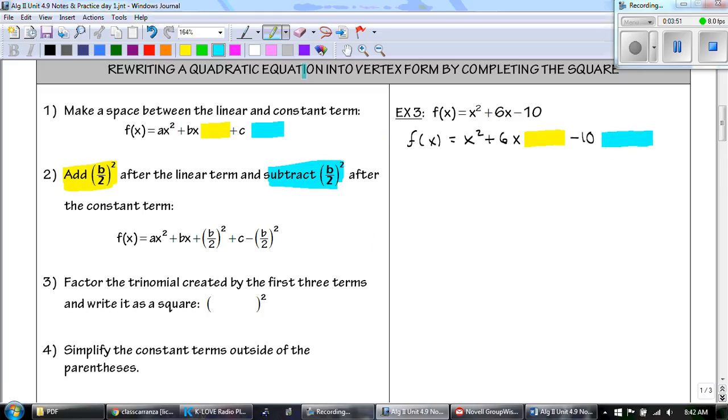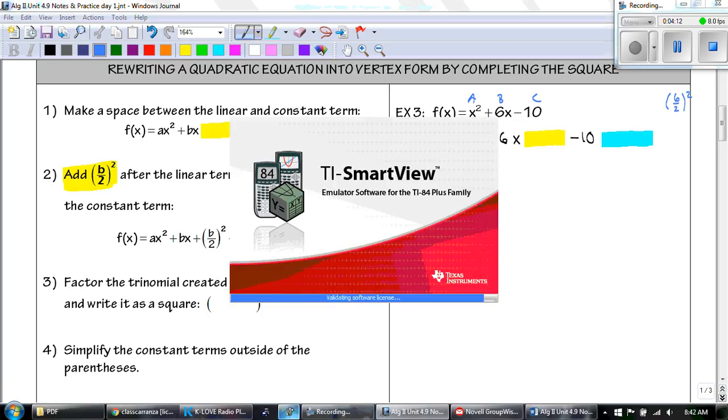So what we have to do is take b divided by 2, squared. Here's my a, there's my b, there's my c. So I'm going to take 6 divided by 2 and square it. 6 divided by 2 is 3. 3 squared is 9.